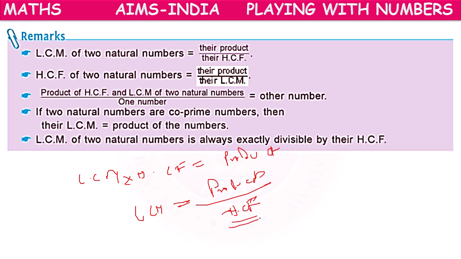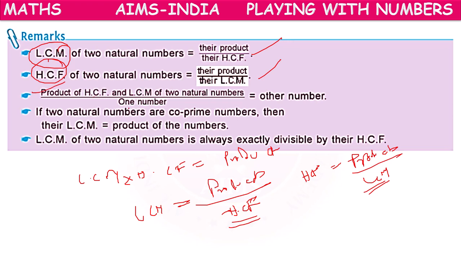Or if you want to find HCF, LCM will come down, so HCF is product by LCM. Like that we can calculate. Or if you want to find one number, the product of HCF and LCM divided by one number is equal to the other number. We will get the other number.